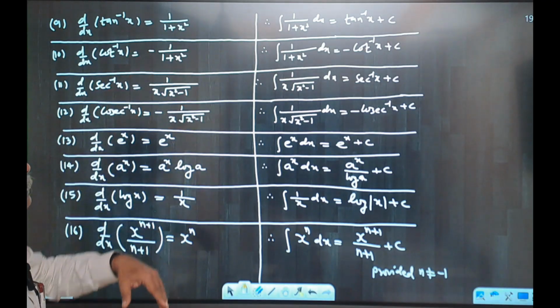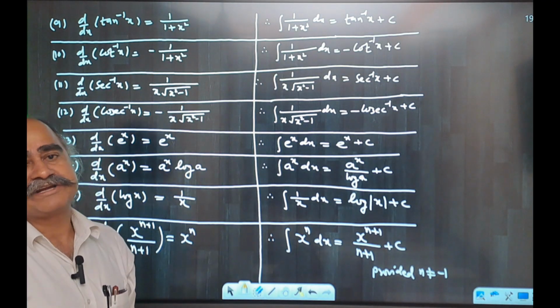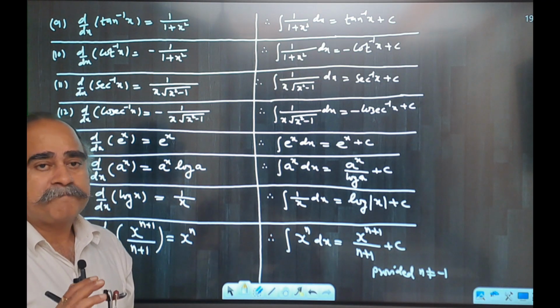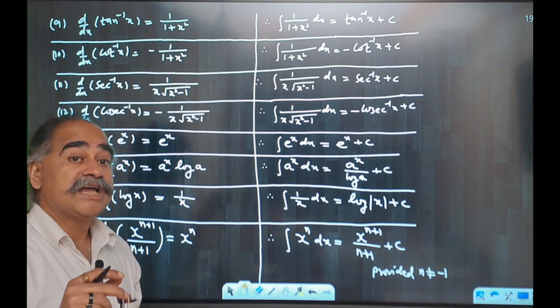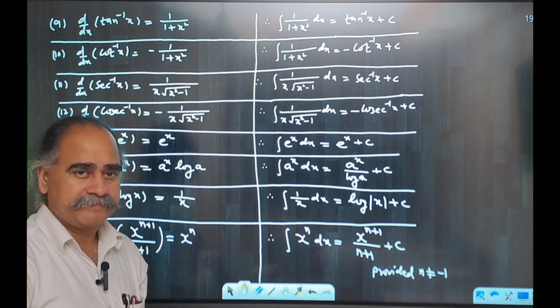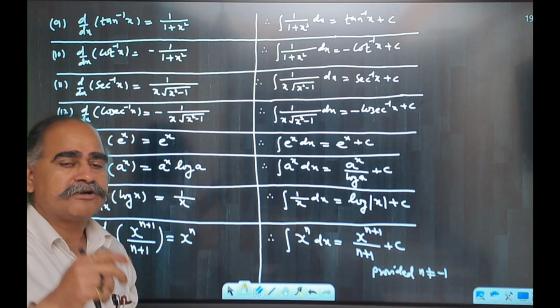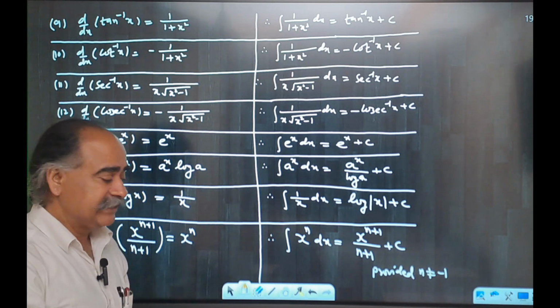Then second set of formulas what? Based on this only, it will be only for integration. And in place of x, we will replace ax plus b, linear. So coefficient of x will get divided in that case.